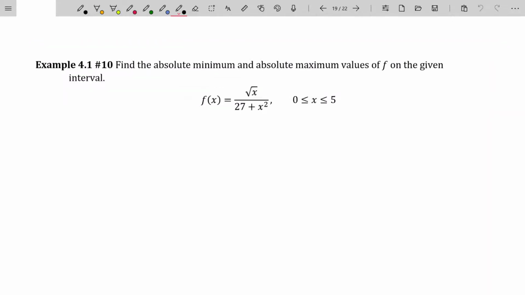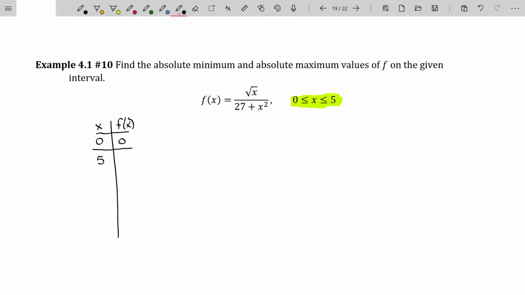So let's try that technique here. Find the absolute minimum and absolute maximum values for our function on the given interval. The interval is 0 to 5. I'll first start by checking the edge points. So I'll just build a table because it's a lot easier, x versus f of x. I'll look at 0. If you plug 0 in, you get 0 out, actually.